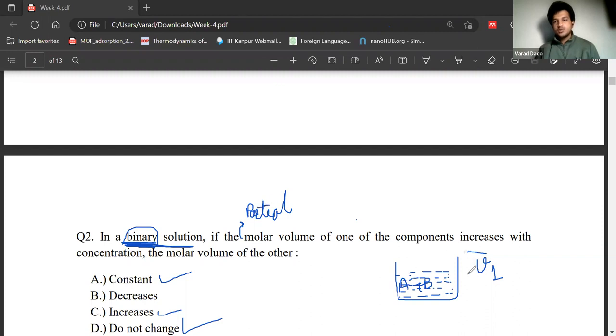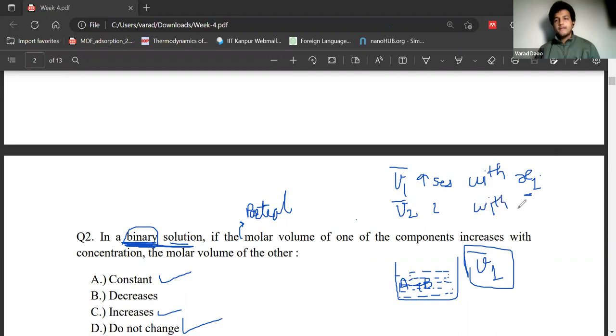What is partial molar volume? Partial molar volume is V1 bar. If V1 bar increases with its concentration, increases with x1. Remember, what we have here is a solution. That is why we are using x1 here. Then V2 bar, what happens with x2? That is the question.